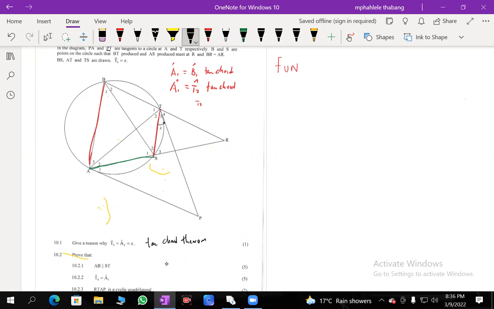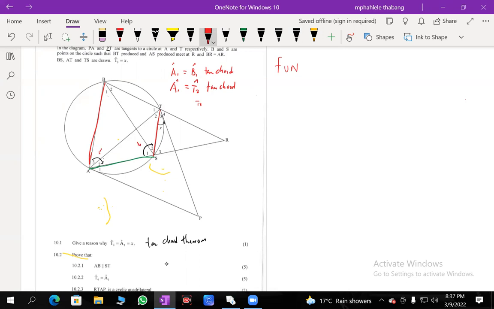If I realize that angles A3 and A2 and angles S1 and S2, when I add them, I get 180, AB will be parallel to ST, with the idea that these angles are co-interior angles. Co-interior angles are the angles that form a C shape.